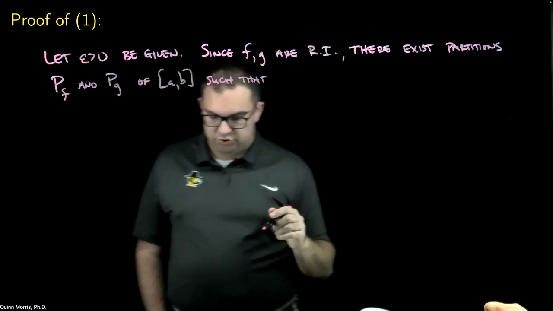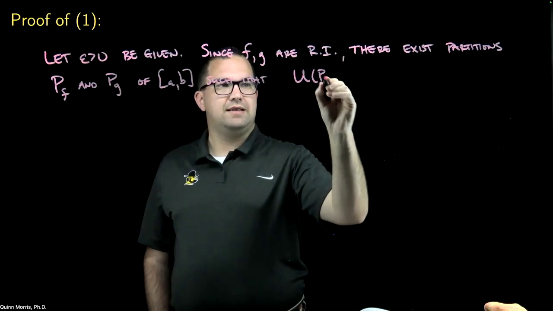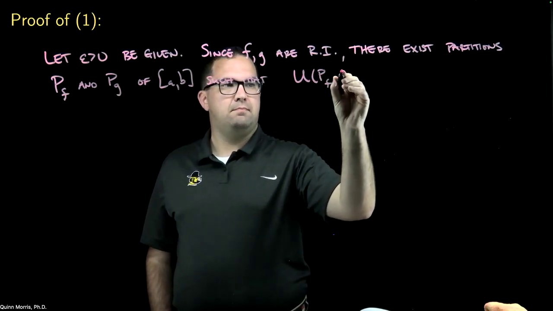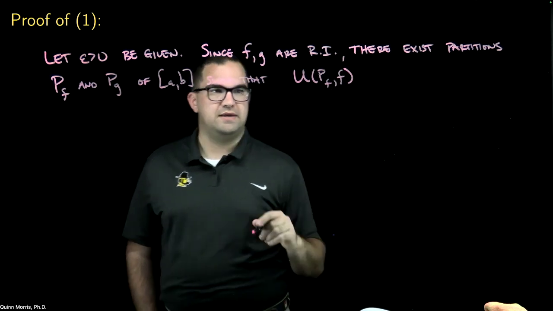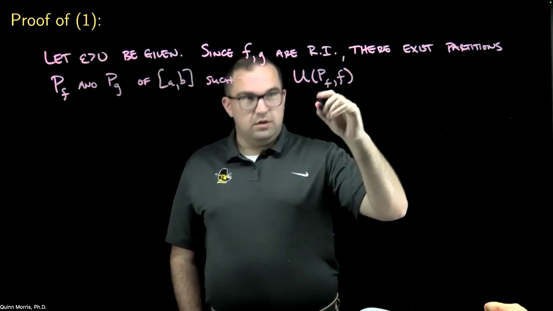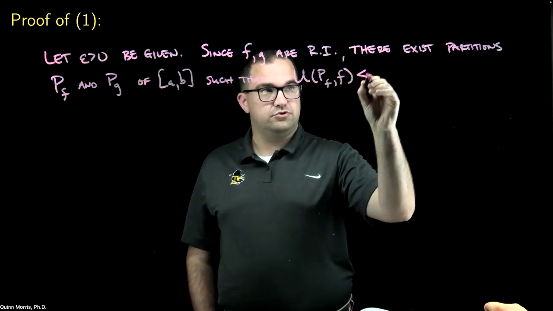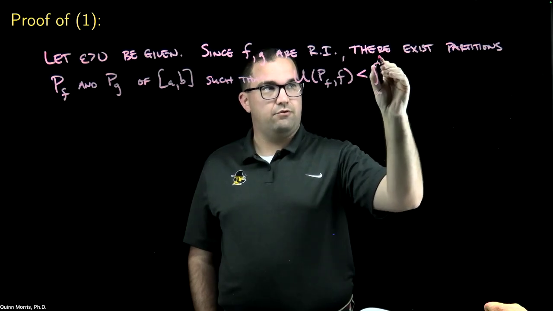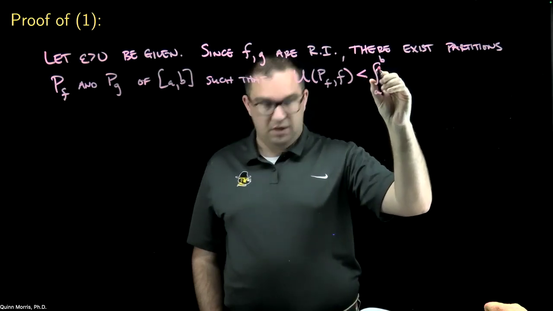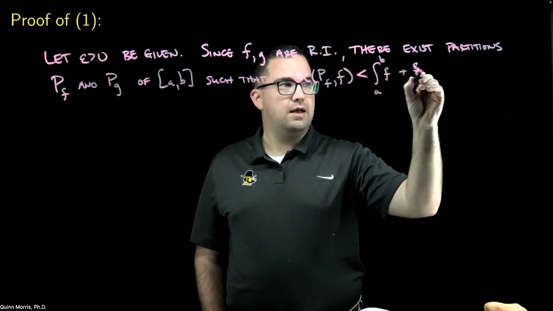Such that I want to choose my partition P sub f such that if I take an upper sum over the partition P sub f of f, that is strictly less than the integral from a to b of f plus epsilon over 2.